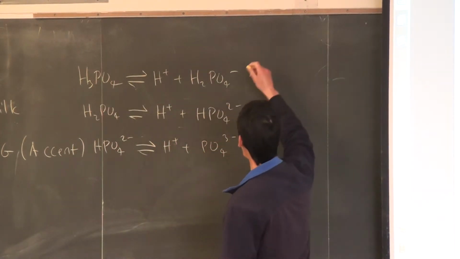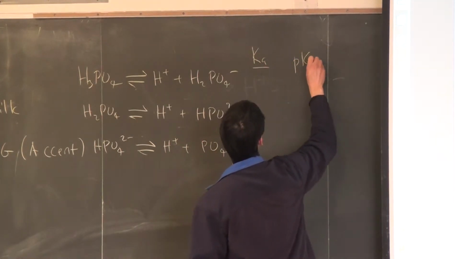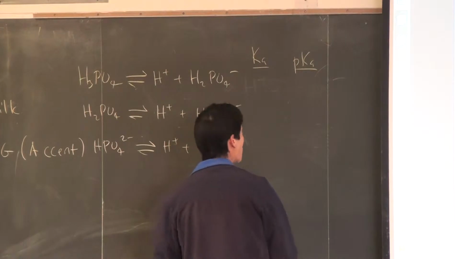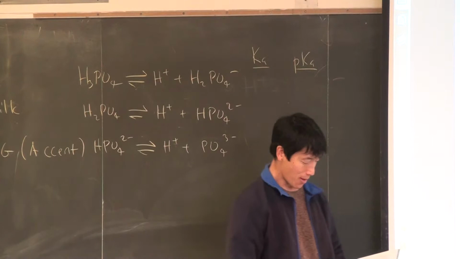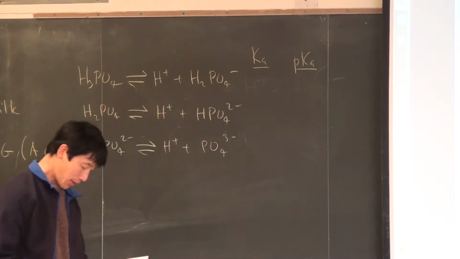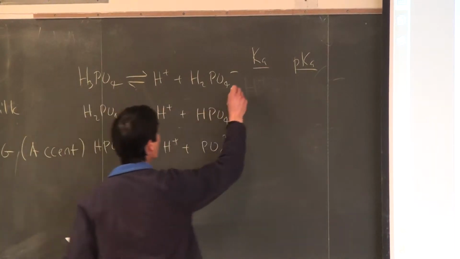Let's look up the Ka of each acid. Then we can calculate pKa too. So to find the Ka, we can take a look in table 16.4, and for phosphoric acid, the Ka is 7.5 times 10 to the minus 3.